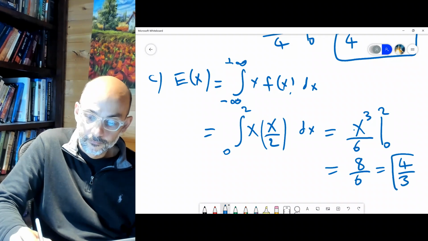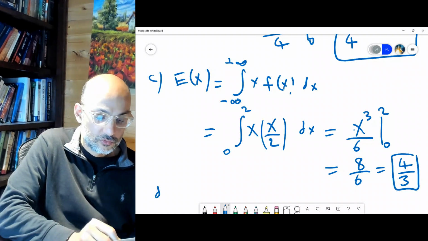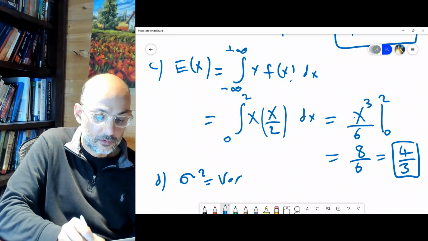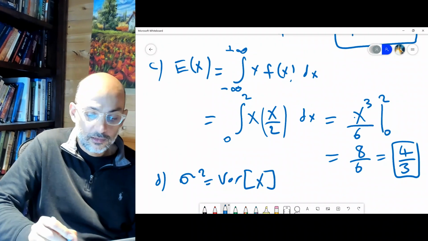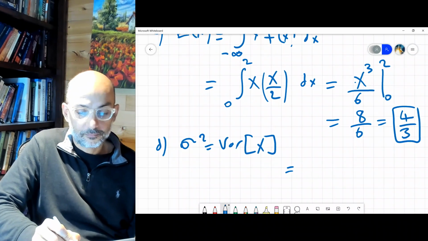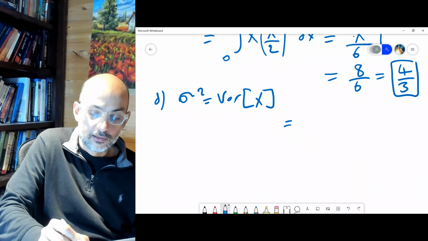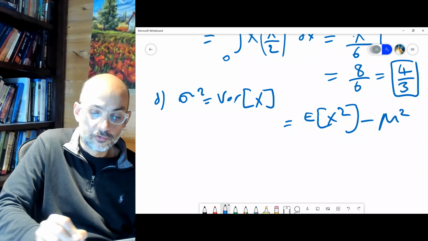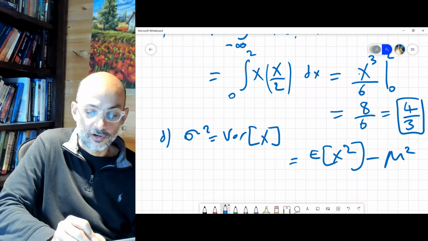What if you wanted to do the variance of x, sigma squared, or Var of x, right? The definition is the expected value of x squared minus mu squared, and mu is the expected value of x, right?